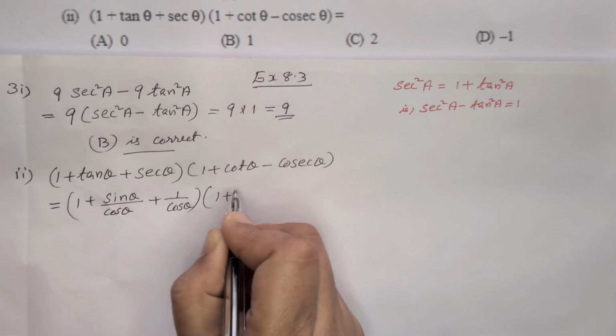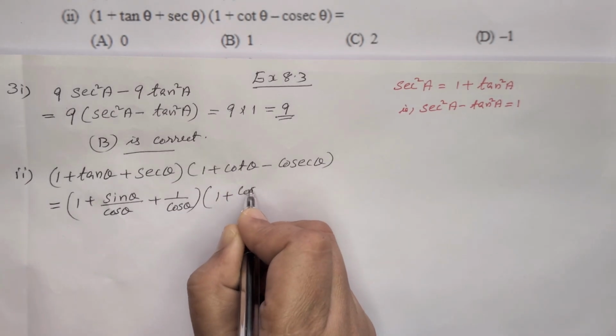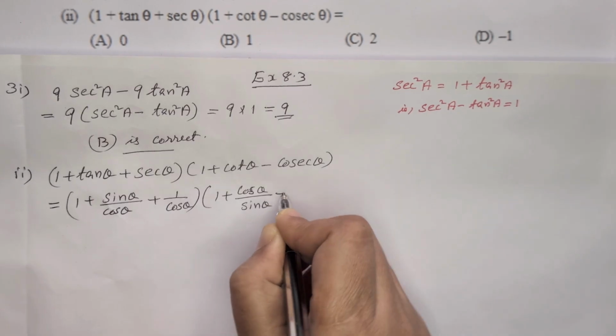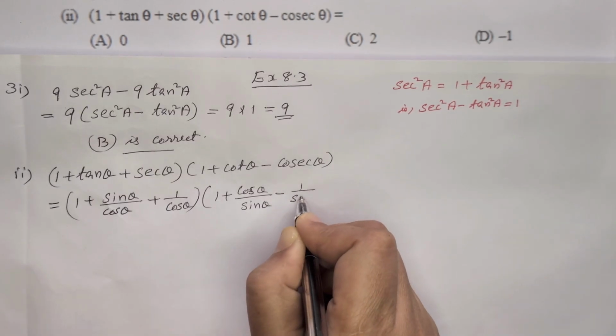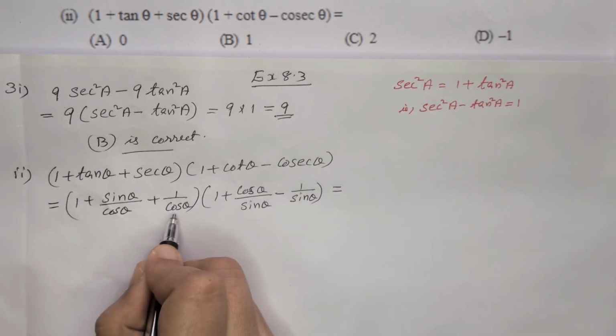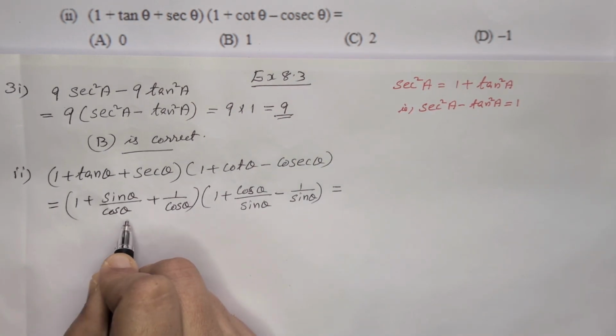Here 1 plus cot, which means cos theta by sin theta, minus cosec, which means 1 by sin theta.